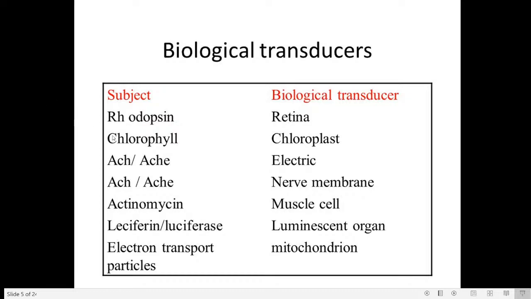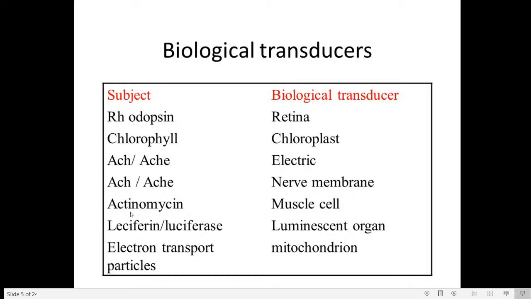In this case, rhodopsin helps in energy transduction in the retina, and chlorophyll is the energy transfer compound, the biological transducer in the chloroplast. And the electric and nerve membranes are also transducers.